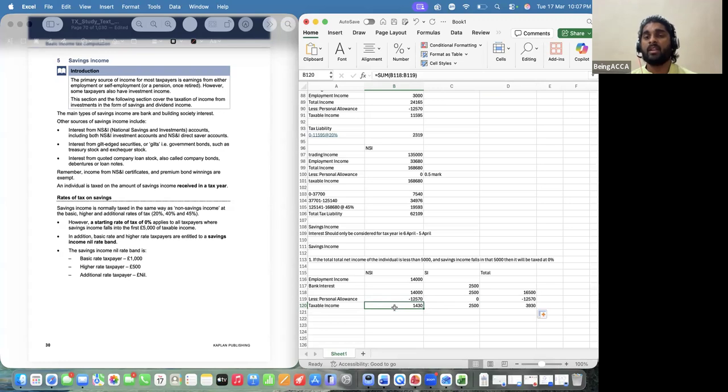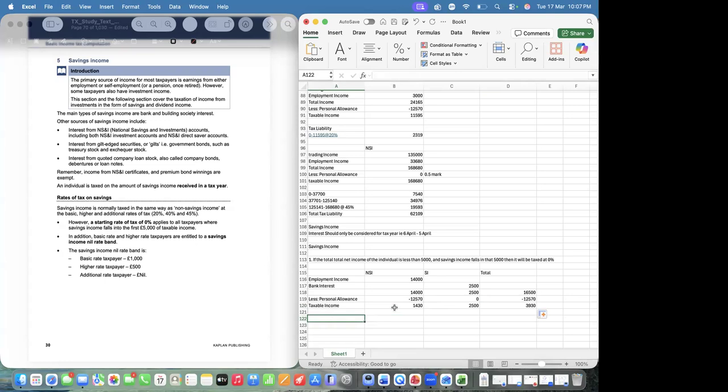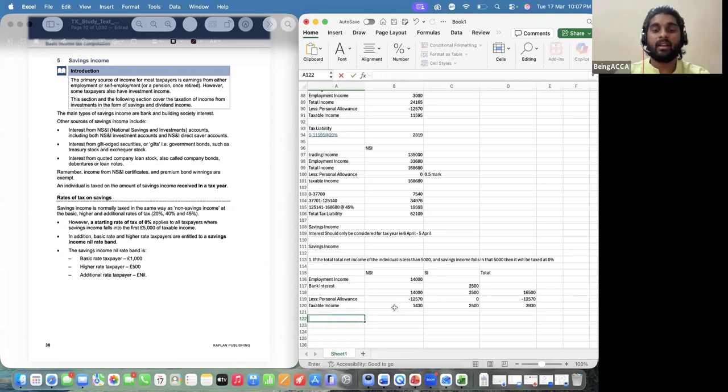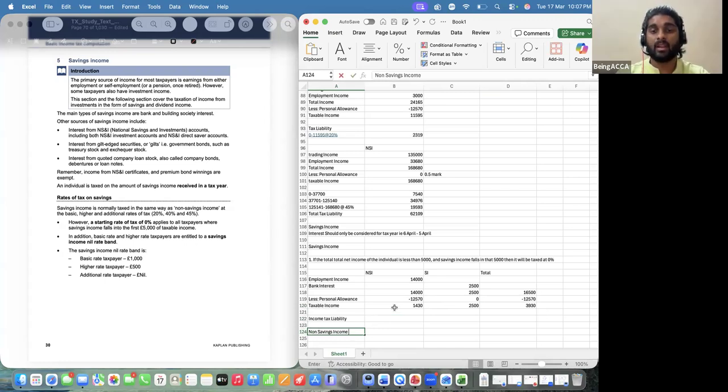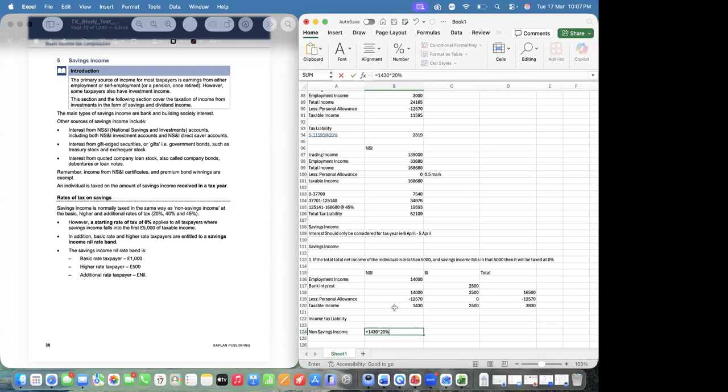For non-savings income, which tax rate does it fall into? 20%. Ensure that you calculate income tax liability separately for savings, non-savings and dividend income. Liability for non-savings income is 1430 into 20%, straightforward, a basic rate taxpayer.